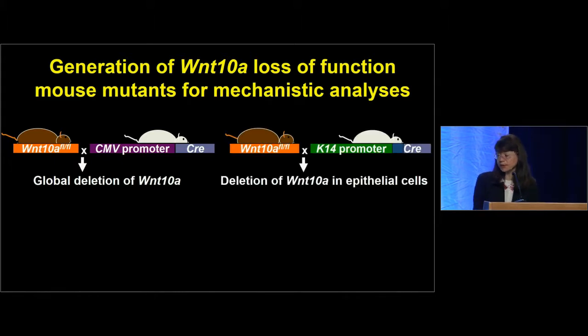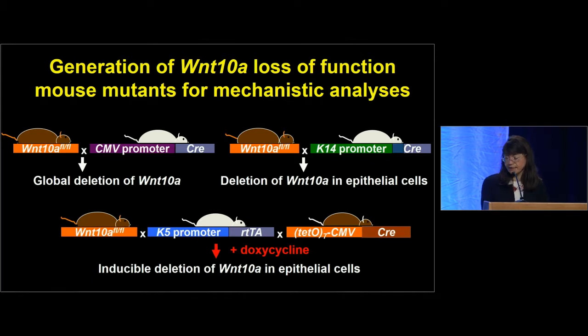We also crossed it with a keratin 14-driven Cre in order to delete Wnt10A in epithelial cells, and to a K5-driven reverse TET transactivator paired with a TET-O Cre construct. What this allows us to do is to induce deletion of Wnt10A at any time that we want, specifically in epithelial cells, by treating the mice with doxycycline.